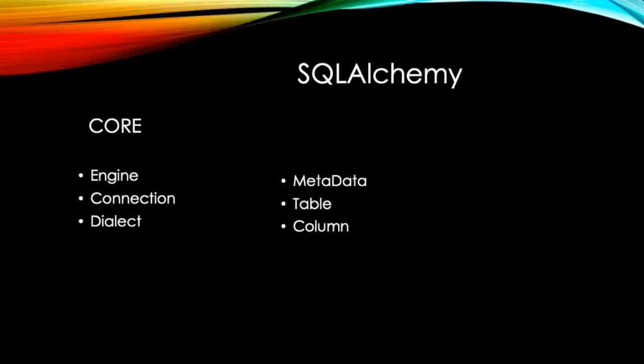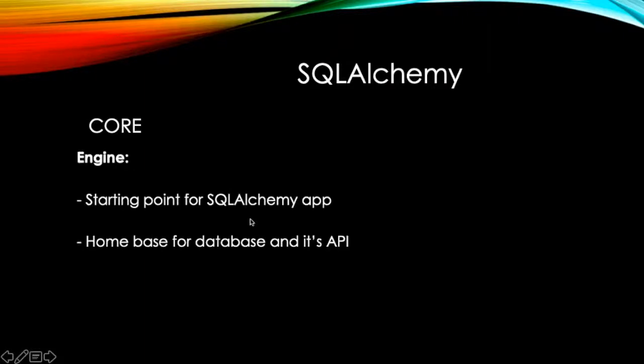And here are the core components of SQLAlchemy. It has the engine, connection, dialect, metadata, table, column. So engine is the starting point of our SQLAlchemy app. With engine, it allows you to connect with an actual database, and it is the home base for the database and its API.